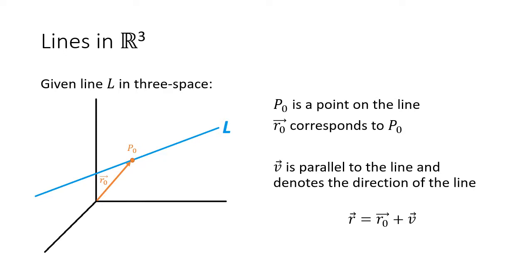And I'm going to call that the corresponding vector R0. And so R sub 0 and P sub 0 are very much related. And again, it's that same way where every ordered pair can be given as the endpoint of a vector in standard position.